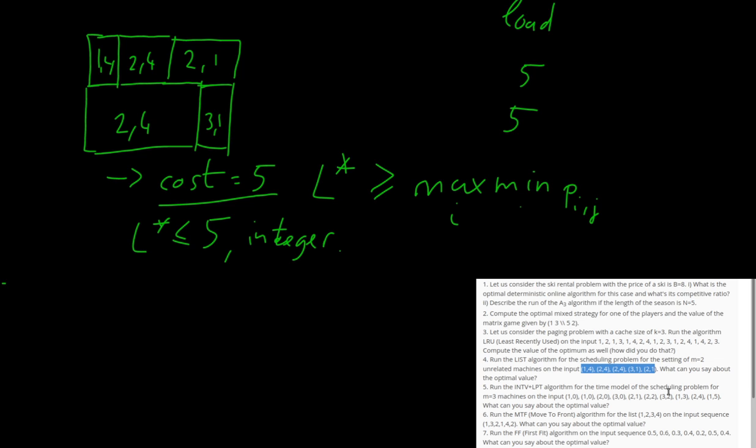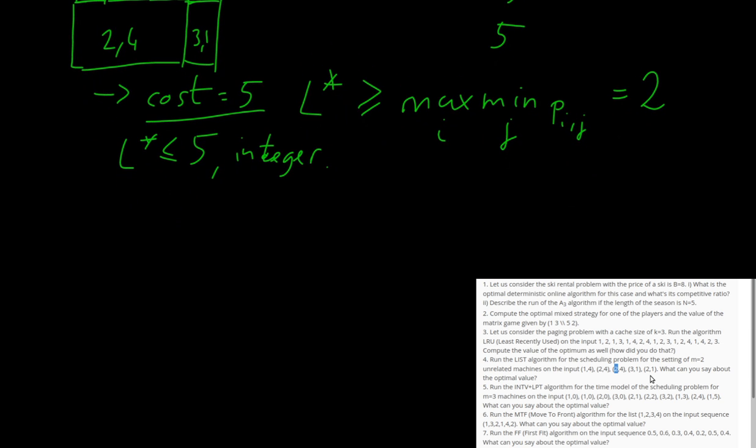For each job, the maximum possible minimum, so in this case, for the first job the minimum is 1, for the second job the minimum is 2, for the third job the minimum is 2, for the fourth the minimum is 1, for the fifth the minimum is 1, which means that the maximum of the minima is 2. So in this case the optimum is at least 2.